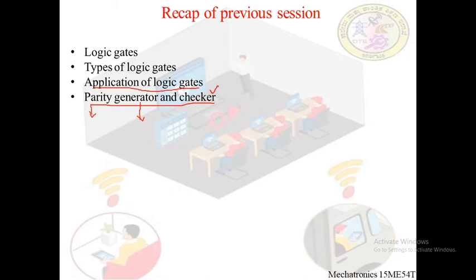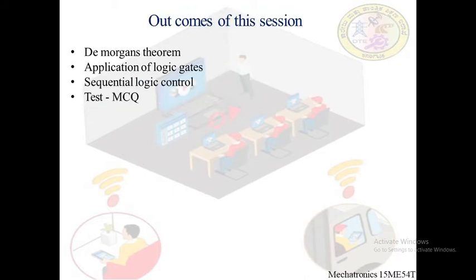Similarly we had parity checker, which checks the data at the receiver end and produces an error signal if there is any error in the data received. With parity checker also, we had two types: odd parity and even parity checker. So with this brief recap of the previous session, let us move into today's class.